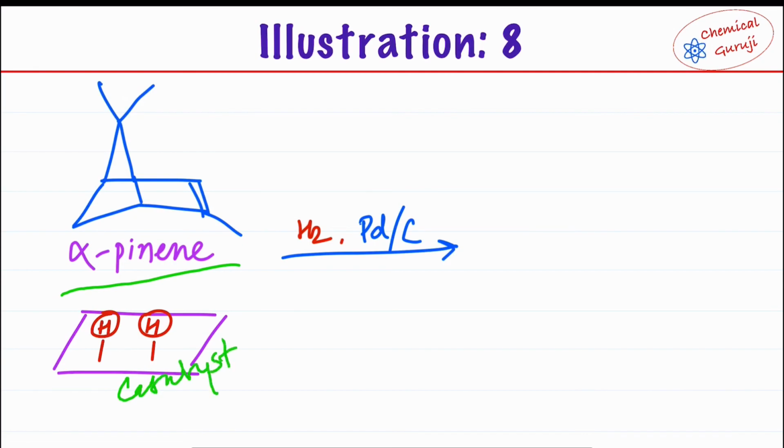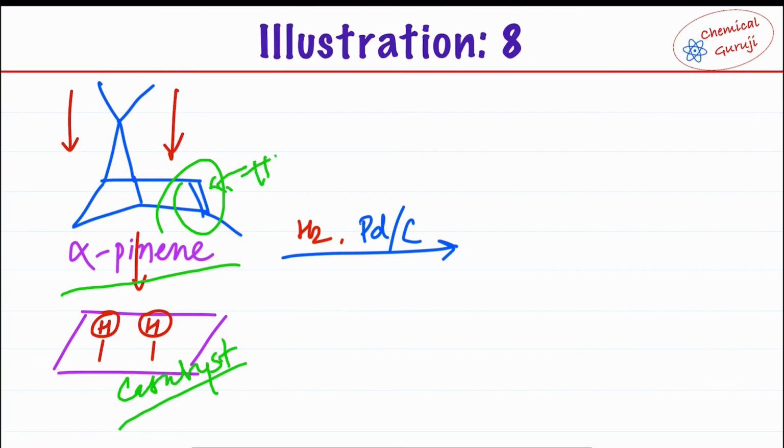Here the ship, the alpha pinene, will approach from one side only, like this. It will not be able to approach from both sides to get this pi bond reduced under the catalytic hydrogenation because of the steric hindrance of this group.